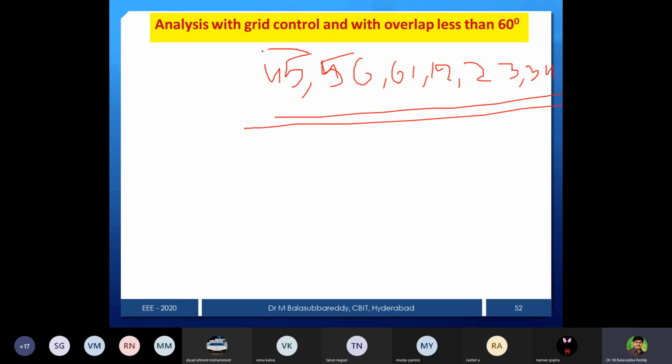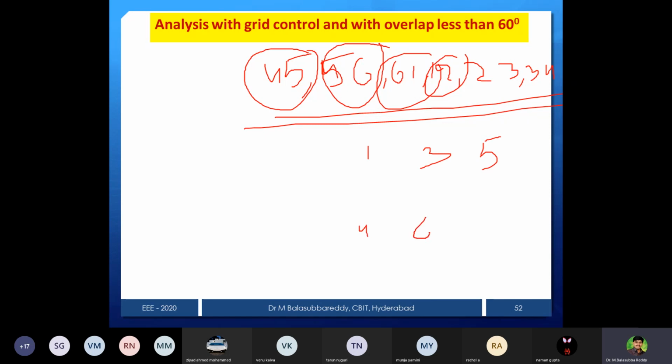Now, considering overlap, at any particular instant you can take it as either 1 2 or 2 3. These are the 1 3 5 valves I am telling, and 4 6 2 are connected to A phase, B phase, and then C phase.